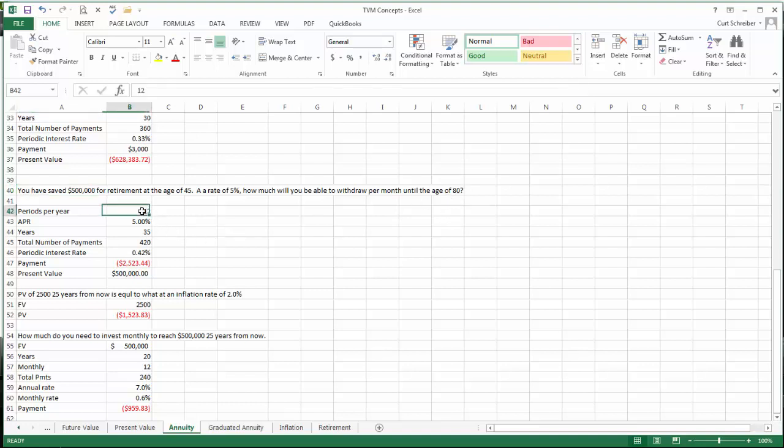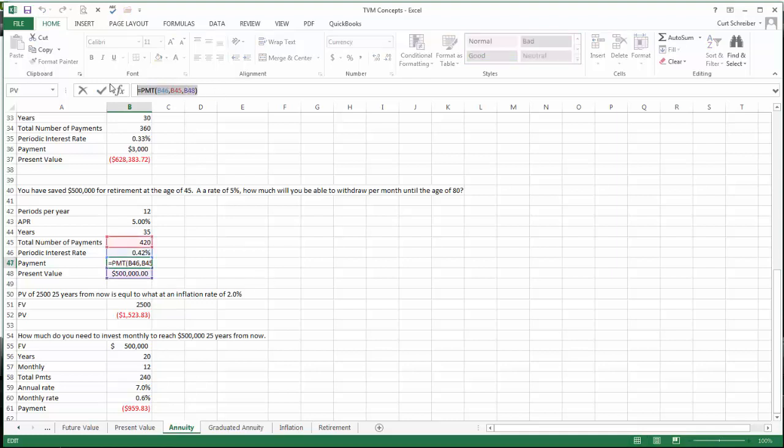Well, in this case, 12 periods per year, 5% rate, between 45 and 80 means that we have a 35-year period of time. 35 years multiplied by 12 periods per year is equal to a total of 420 payments. Our periodic rate is going to be equal to the 5% divided by 12. And our payment then, it's a payment function, and the present value is $500,000.